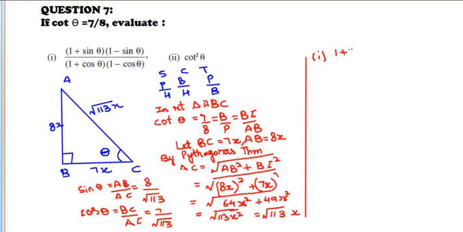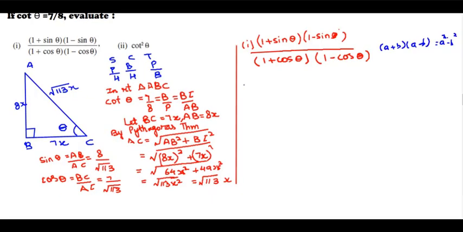Now we have both values, sin theta and cos theta. Now we will put these values in our question. So part 1: (1 plus sin theta) into (1 minus sin theta) upon (1 plus cos theta) into (1 minus cos theta). We'll be using the identity here, (a plus b) into (a minus b) is equal to a square minus b square. So (1 plus sin theta) into (1 minus sin theta) becomes 1 square minus sin square theta.